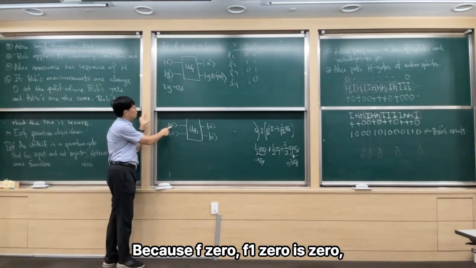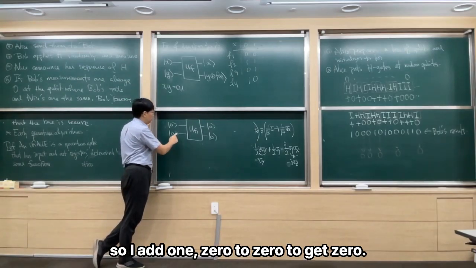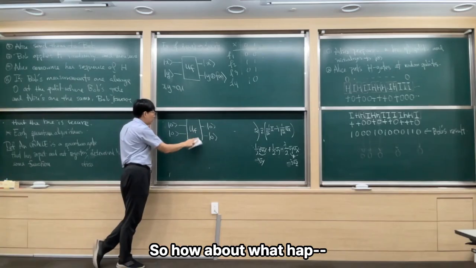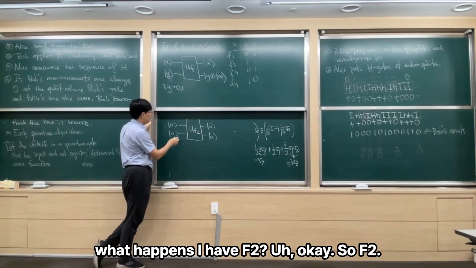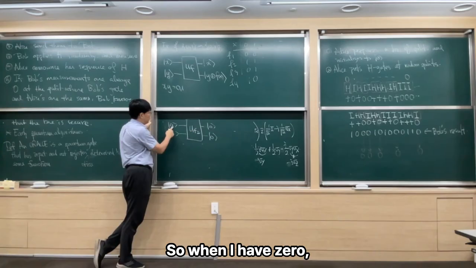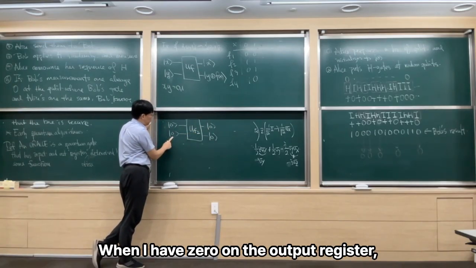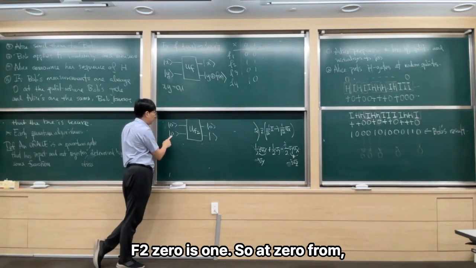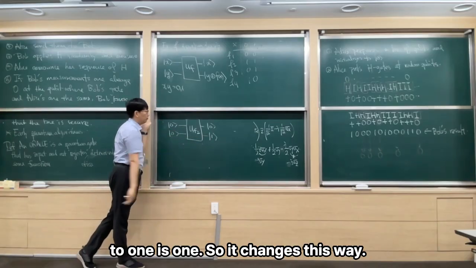Because f1(0) is 0, so I add 0 to 0 to get 0. How about f2? When I have 0, nothing happens to the input register. When I have 0 on the output register, it changes to 1 because f2(0) is 1, so adding 0 to 1 is 1. So it changes this way.